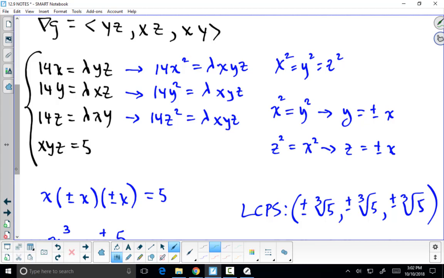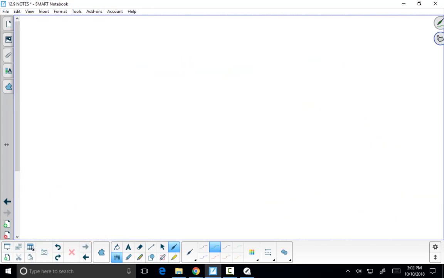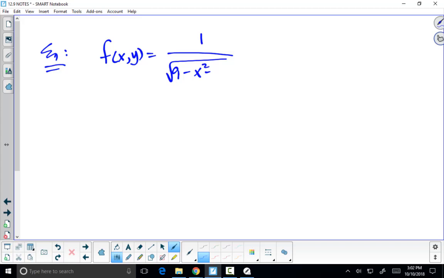So for example, if you end up with a function like this, if you have f of x comma y is equal to 1 over the square root of 9 minus x squared minus y squared.